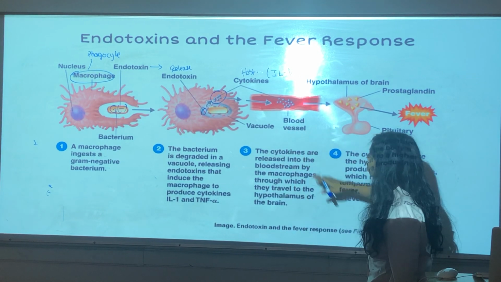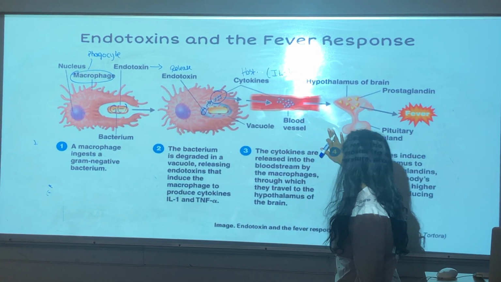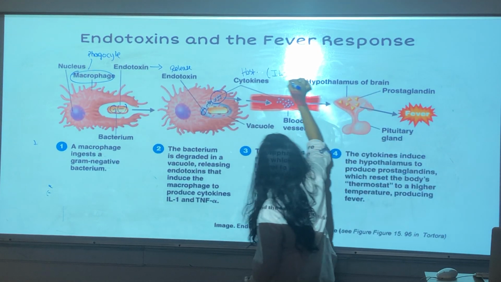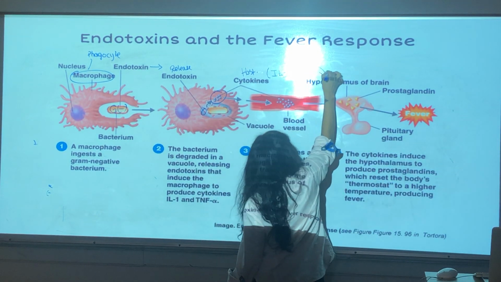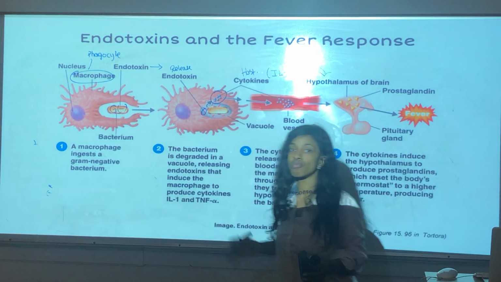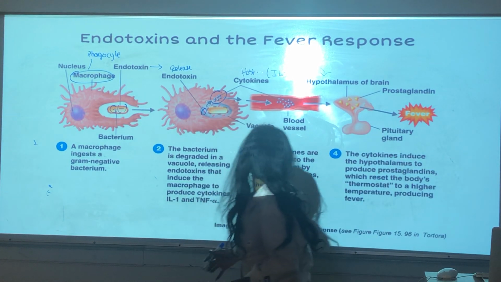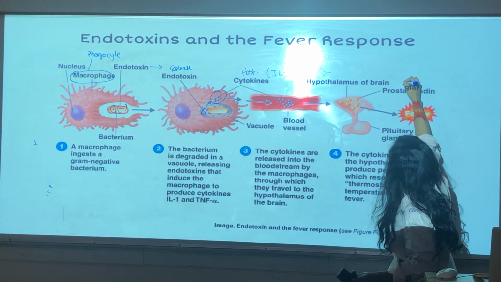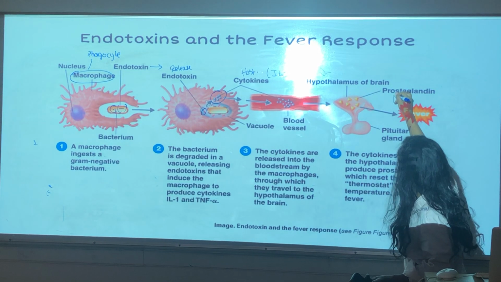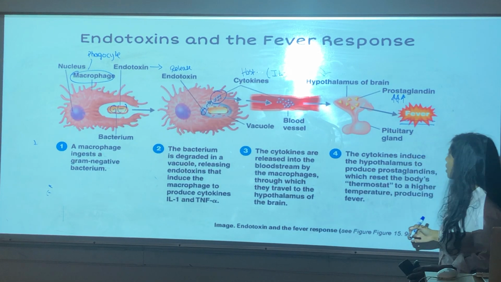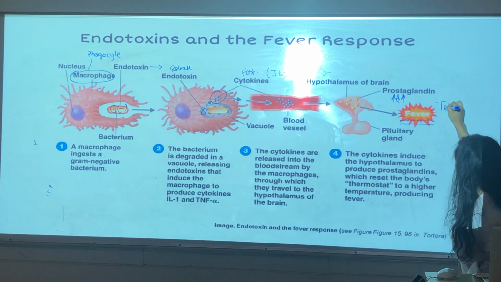So the interleukins go throughout the cardiovascular system, and eventually get to the hypothalamus, which is in control of regulating the temperature. The hypothalamus starts to release a chemical called prostaglandin, and as the prostaglandin levels stay up, we have fever, so the temperature goes up.